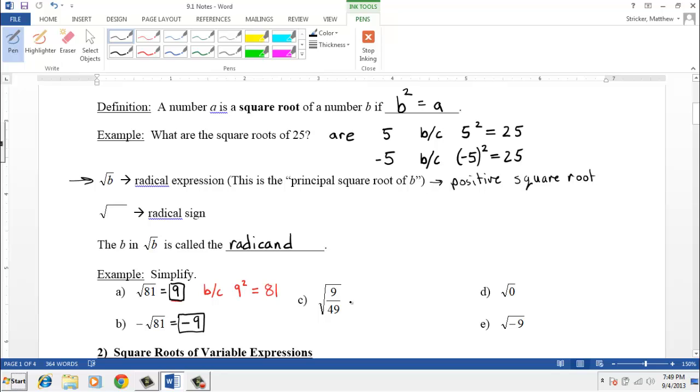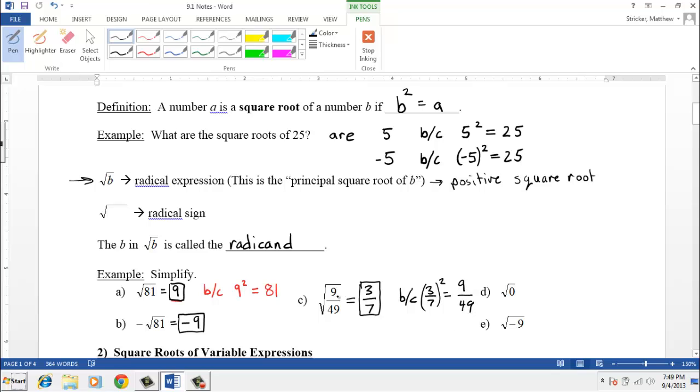Okay, we can also take the square roots of fractions. The square root of 9 over 49 is going to be 3 over 7. There's a couple ways to think about this. Using the definition above, we can say this is true because 3 over 7 squared is 9 over 49.